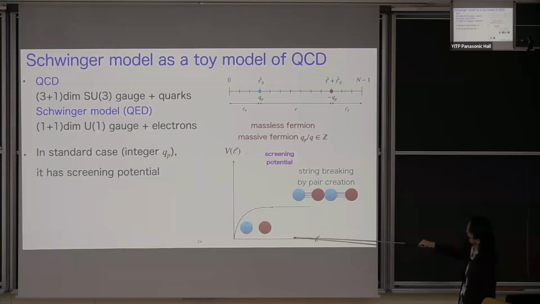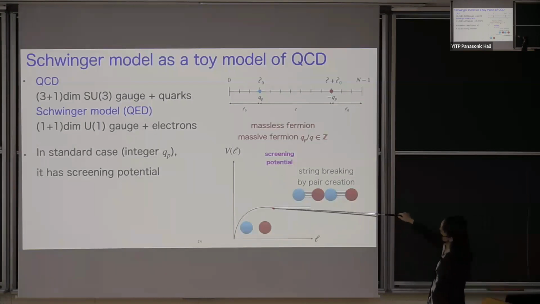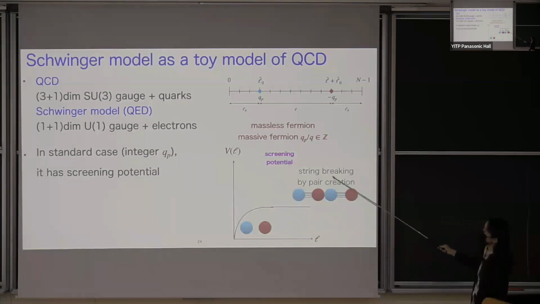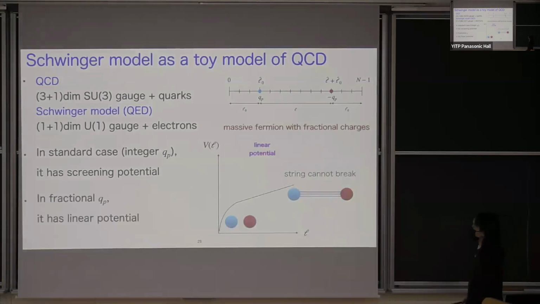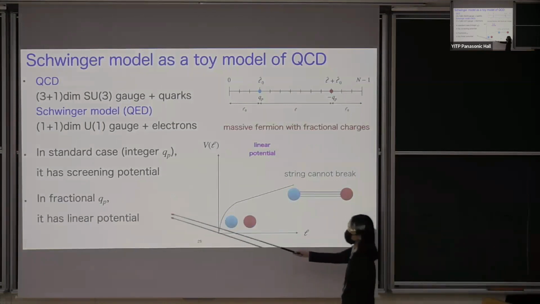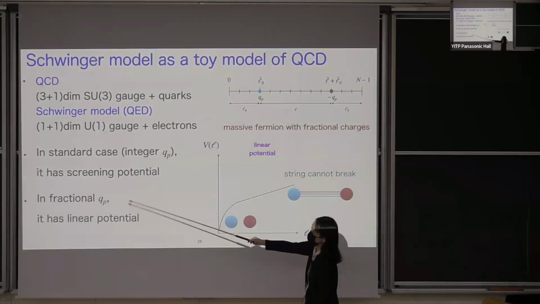At long distance, the potential has a plateau because the string is breaking by dynamical pair creation of the particle and the antiparticle.